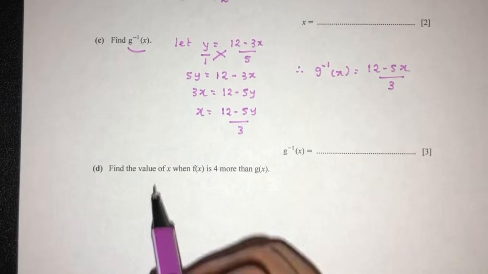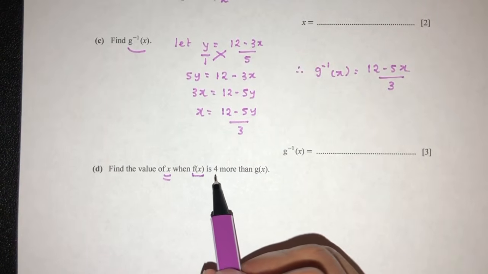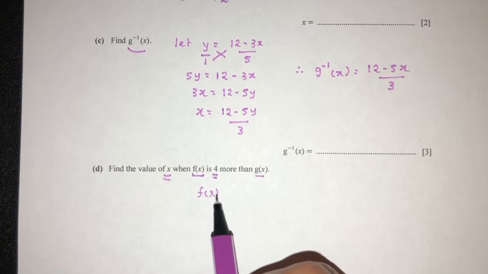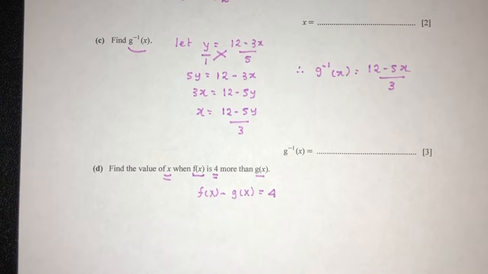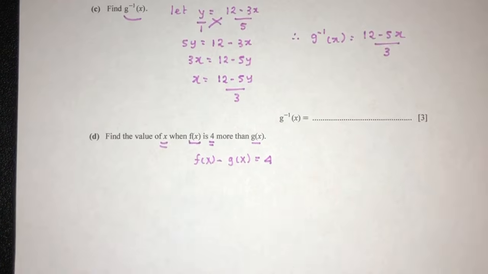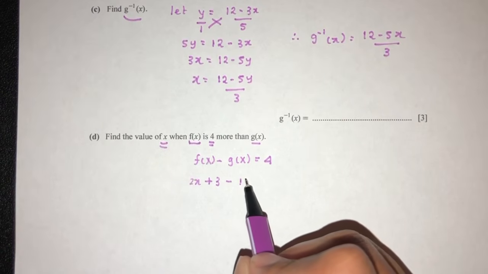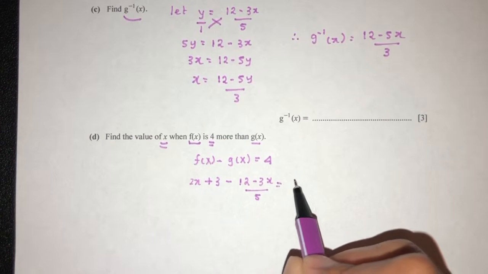That is part C. Now for this one, find the value of x for which f of x is 4 more than this. So f of x minus g of x has to be 4, because it is 4 more than this. To replace, you will have 2x plus 3 minus 12, this over 5 is equal to the value of 4.